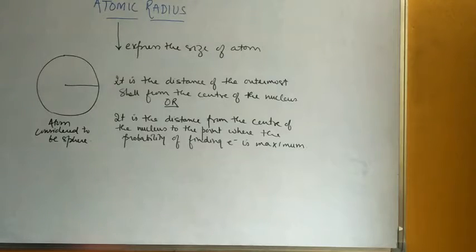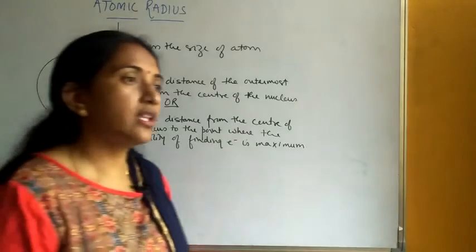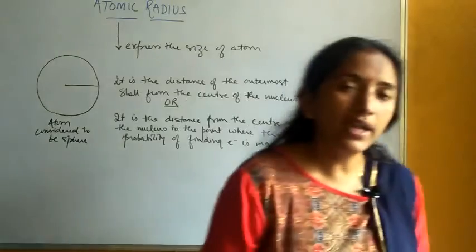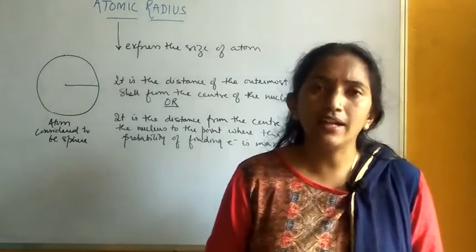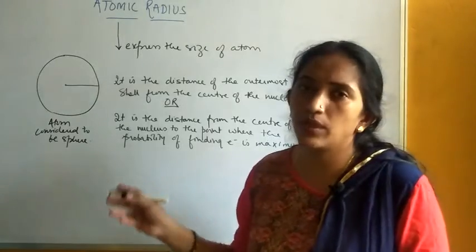Students, there are certain difficulties while we are measuring the atomic radius. The first is that it is difficult to isolate an atom just to measure the atomic radius.